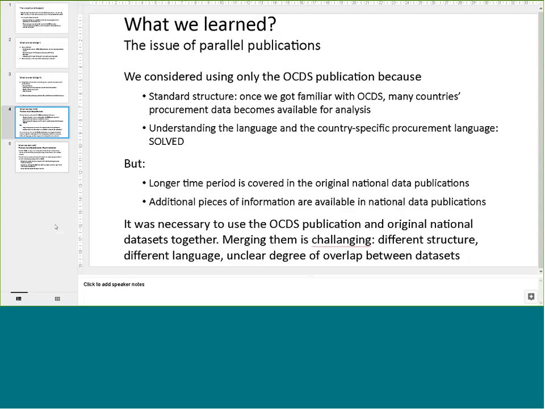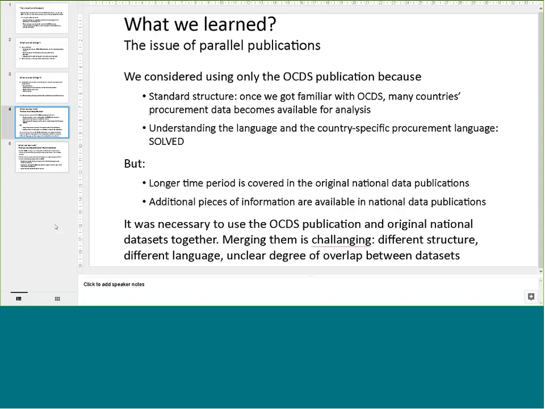At first, we considered using only the OCDS publication in this project because it is a standard structure which we were already familiar with. We know the language, we know the content of the variables, and we don't have to start to understand country-specific procurement language from zero because it is already translated to OCDS language.